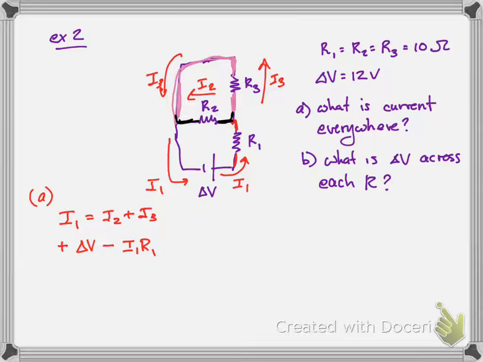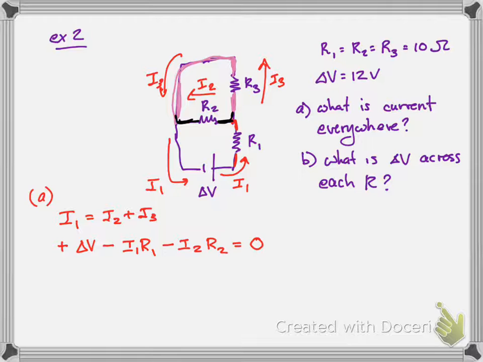Again, I'm doing the bottom loop, not the whole big loop. Then, following the current through R2, we've got minus I2 R2. If we're in the direction of the current, it's a minus sign when we go through a resistor. If we're in the opposite direction of the current, it's a plus sign. And then we come around back to the battery, and we get 0.